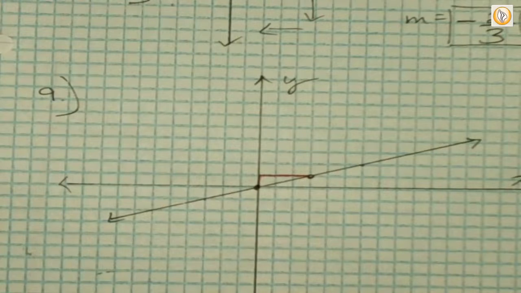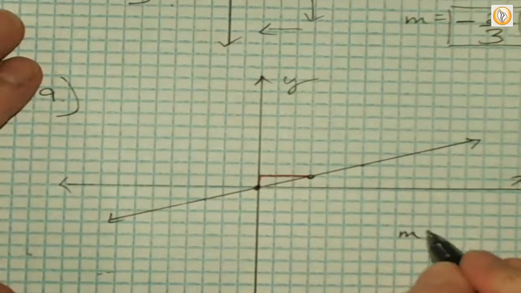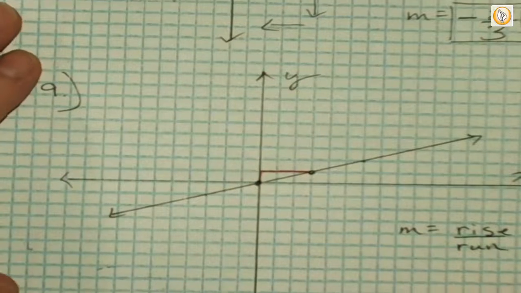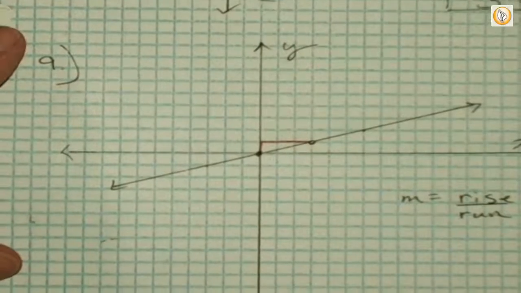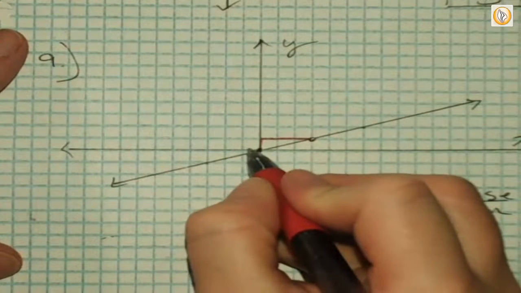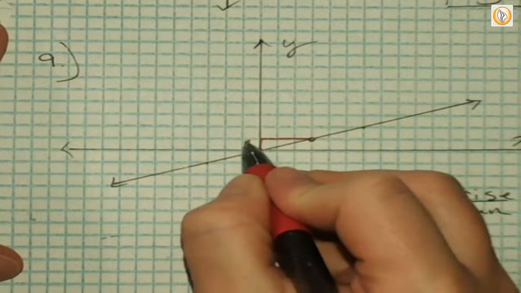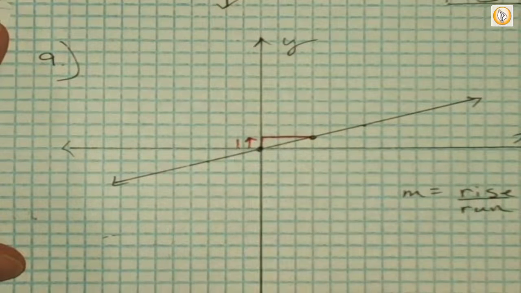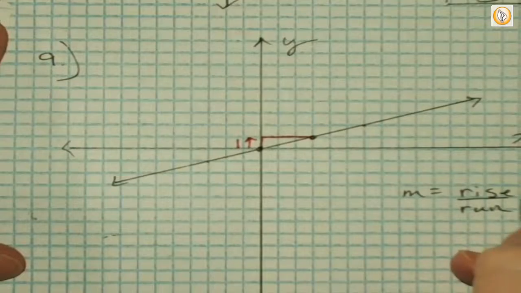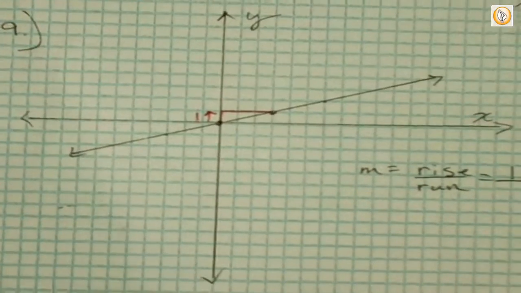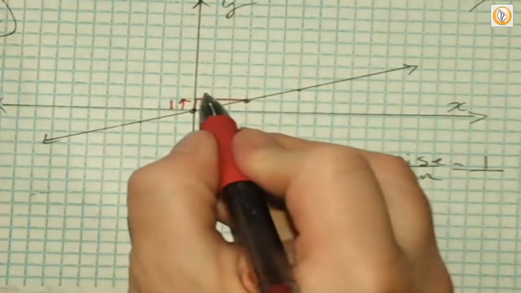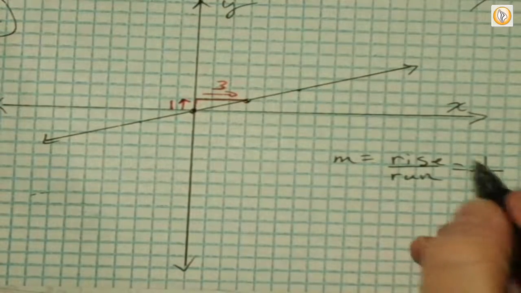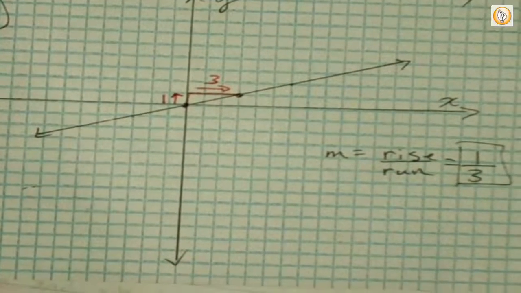We're looking for, remember, rise over run. We do our rise first. How many places did I go up? 1. +1. How many places did I go right? 3. There's my slope.